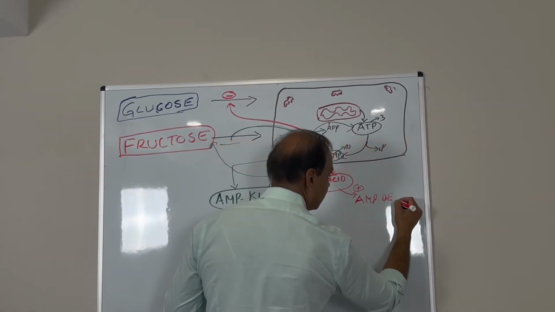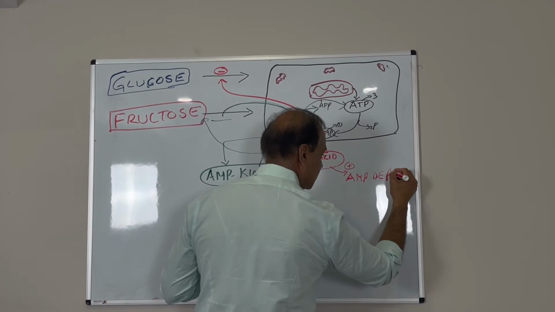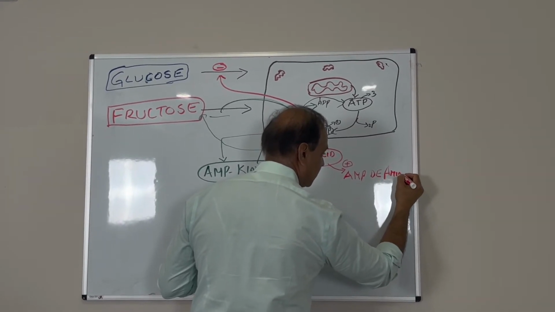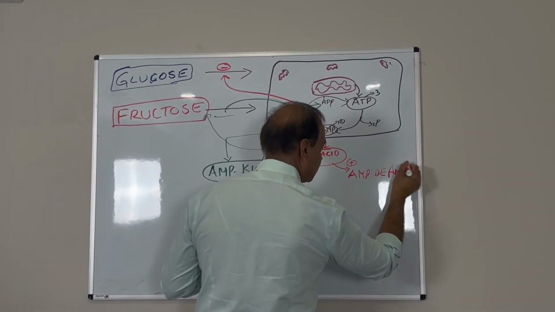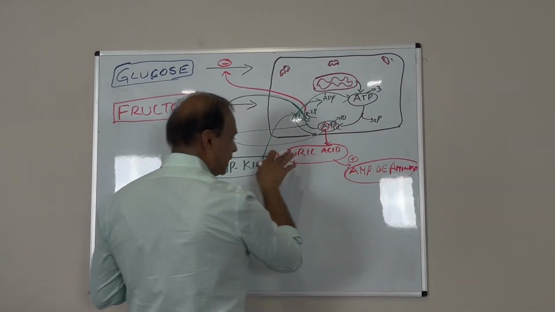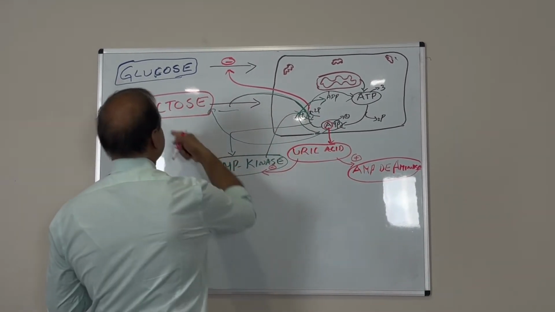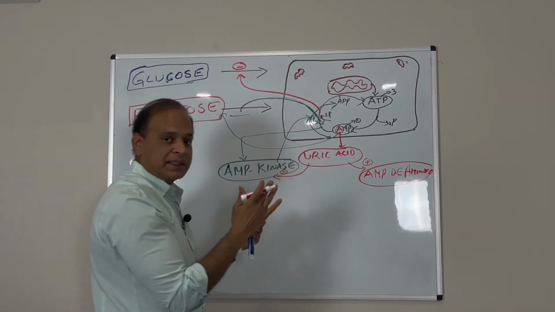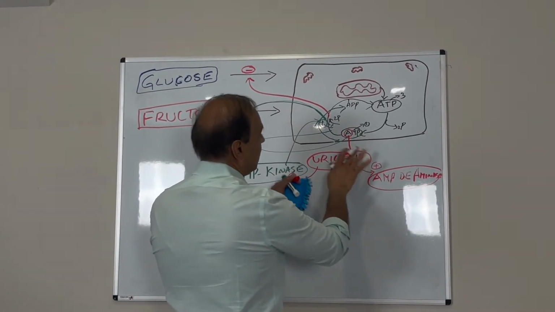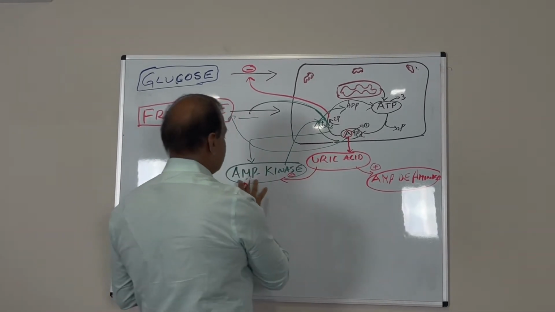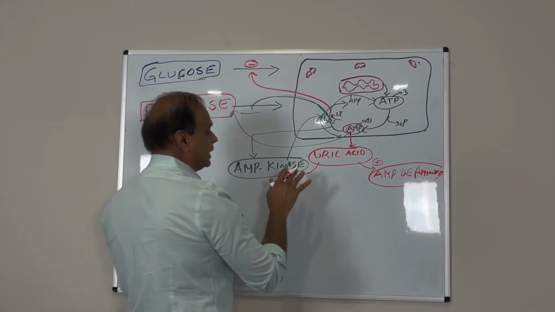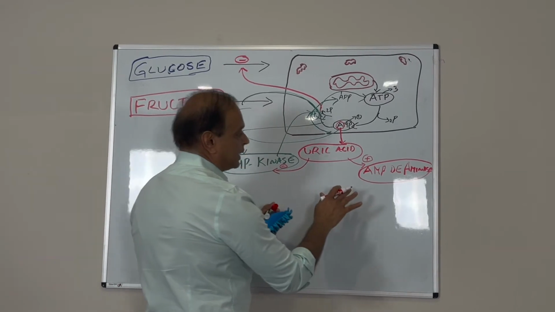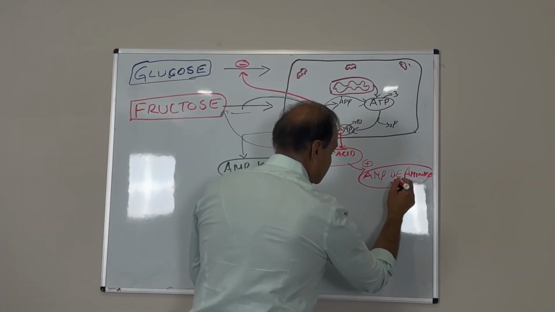That means it's taking out the amine, the ammonia, the nitrogen molecule. It's taking out the nitrogen molecule, and it's only keeping it as uric acid to keep going in the cycle instead of stopping it. That means there's no counter-regulatory mechanism. It doesn't stop after the end products are formed. So what happens when AMP kinase is stopped, and what happens when AMP deaminase is promoted?